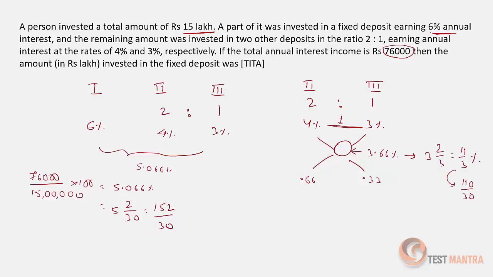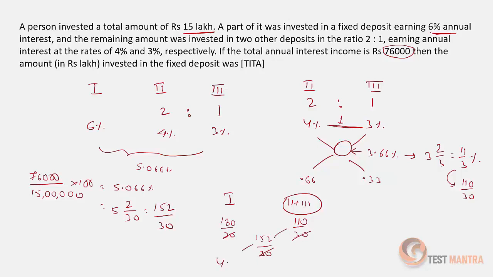So now I'll apply allegation on this part. First one and this combined, second and third combined here. So this is 110 by 30, this figure is 152 by 30, and 6% could have been written as 180 by 30. So let's remove 30 for the time being.